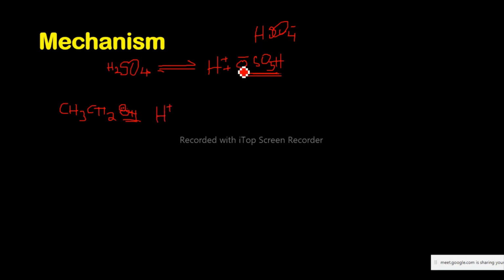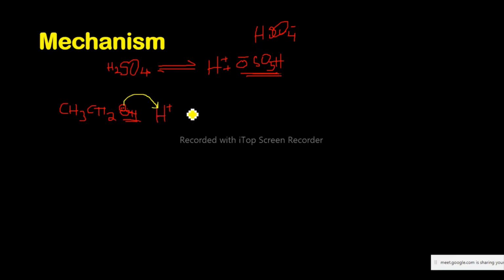So in other words, this is an electrophile, and this oxygen is a nucleophile. So what will happen is the O is going to donate its lone pair of electrons to this hydrogen. Are you seeing that?